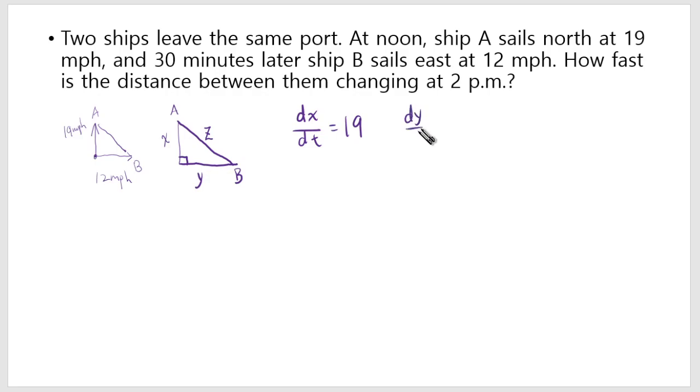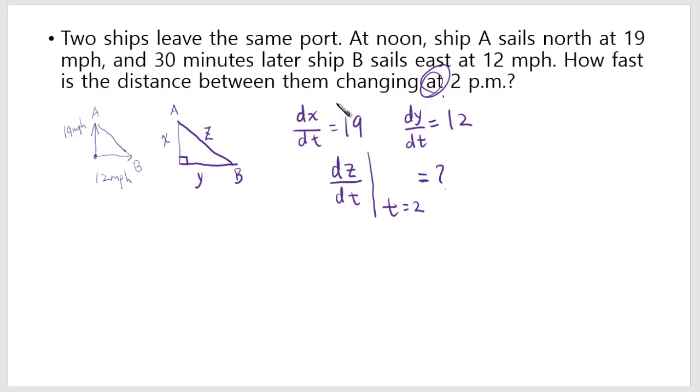And the rate of change of this Y, that's the speed of ship B, which is 12. And the question is, how fast is the distance between the two, the Z, changing at, which is the same thing as when, right? At t equals 2. That's the question.